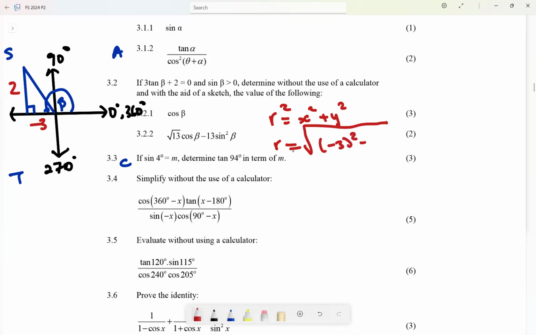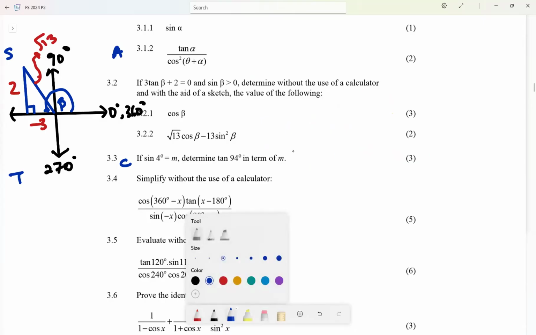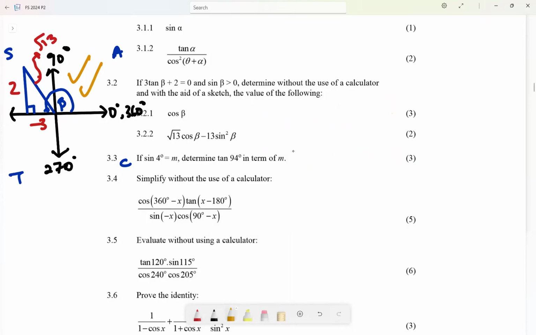Negative 3 squared plus what is my y, 2 squared. Then I have r as 9 plus 4, which is root of 13. So here I have the square root of 13. That's my r. Then now I'm done. For this thing, it is 2 marks.